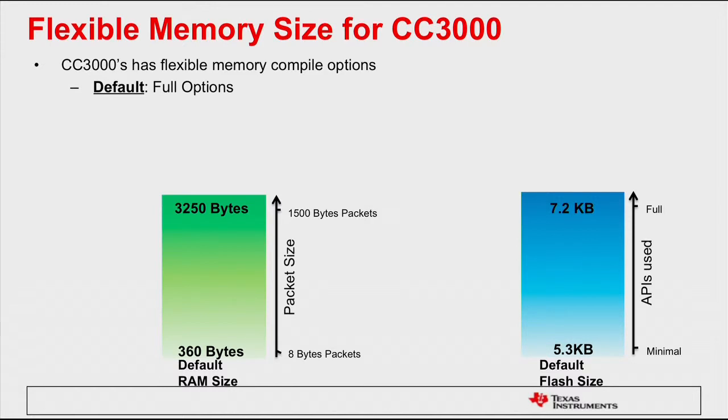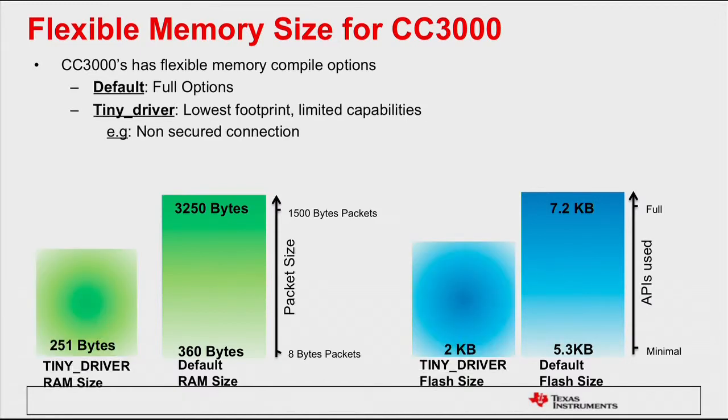If you're doing a very simple application where you're just sending a couple bytes of data or something very small, then you can only use a couple of the APIs and have a smaller memory set. On the RAM side of things, it depends on how big your packet size is. How big do you need it to be for the application and the kind of information that you're sending? So that's kind of the default side of things.